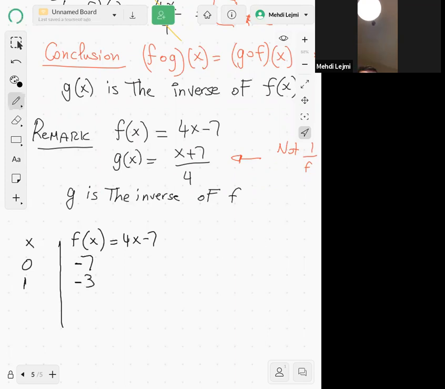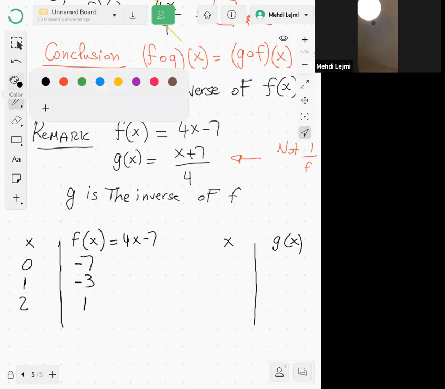And let me just take a last value of x. I'm just taking some random values. I'm going to show you something. So if x is 2, then f of 2 would be 4 times 2, which is 8 minus 7, which is positive 1, right? Now, if I make a table of values with g, of course g is x plus 7 over 4, right?